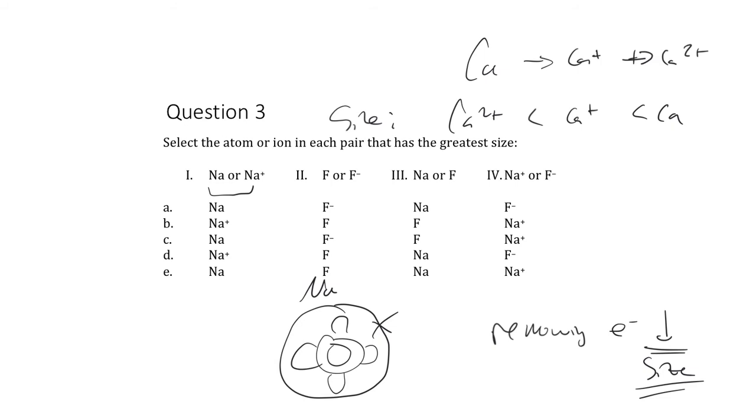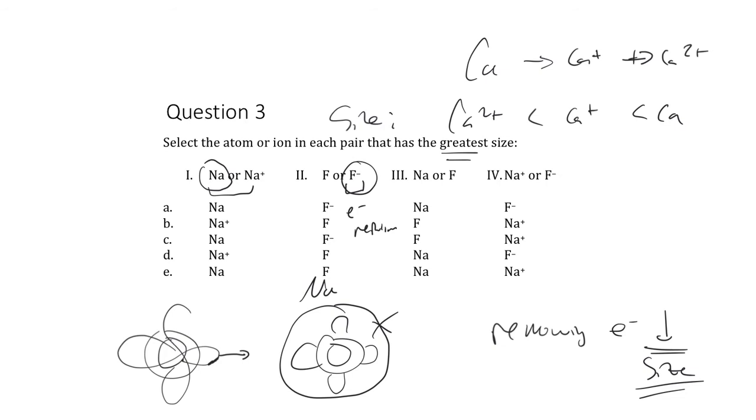So sodium plus, we're looking for the pair greater in size. Sodium is going to be bigger than sodium plus. Now if you add an electron, if I have an atom of F, and I have my 1s2, 2s2, my 2p set of electrons here, and if I add one more electron here, that's going to increase the size of the orbital due to electron repulsions. So electron repulsions make anions larger.